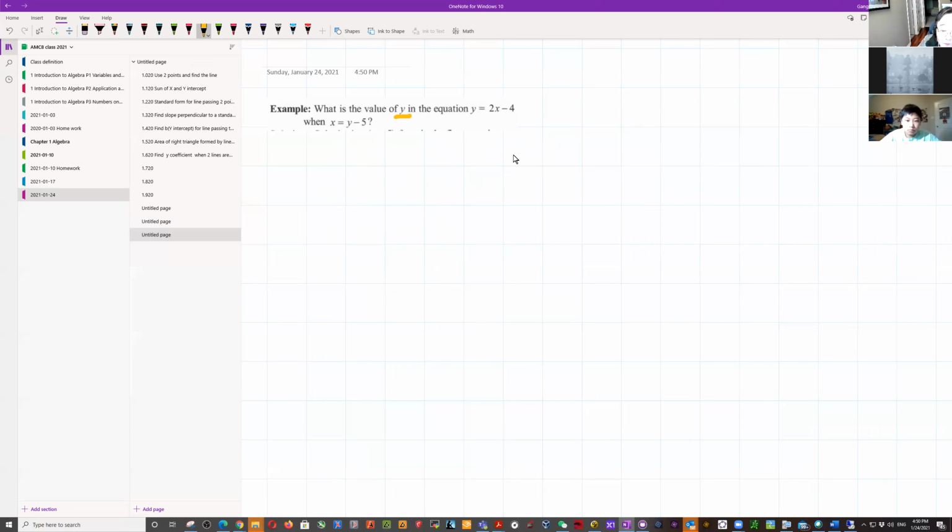Because x is already solved, because x is represented by y, we just plug into it. See the magic here? X is represented by y, so I just plug in y minus 5 in the placeholder of x. So this is the idea of substitution.